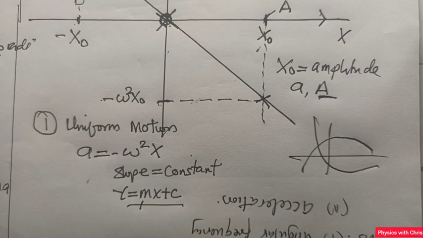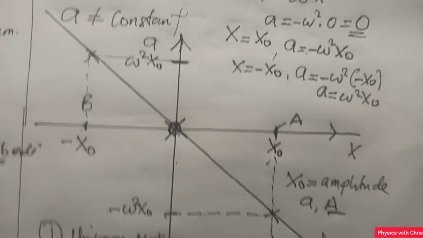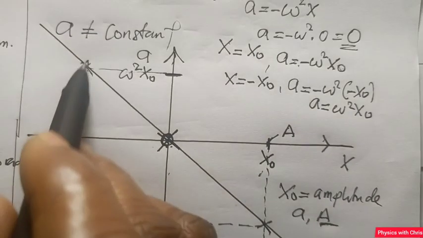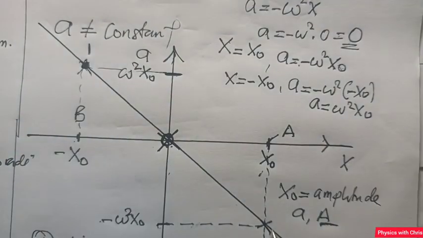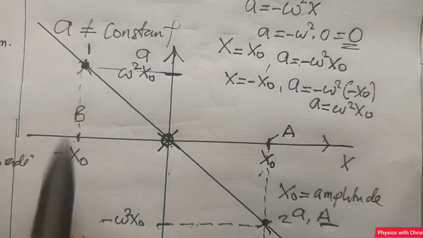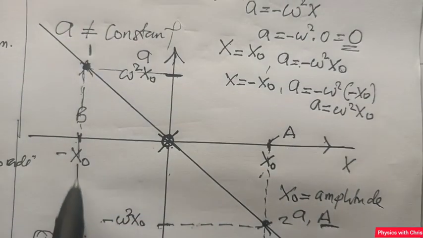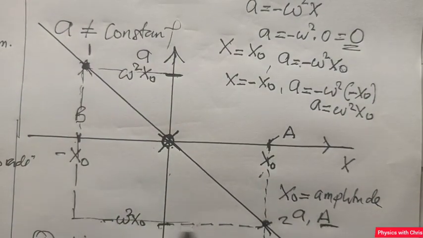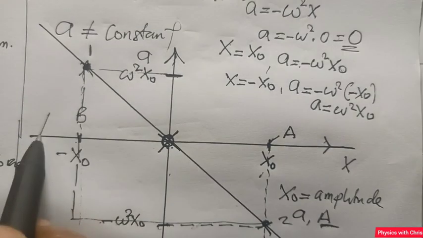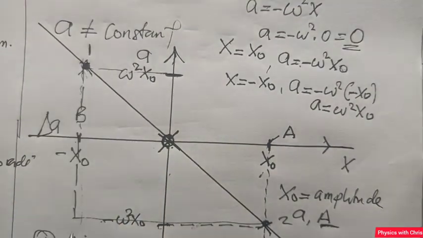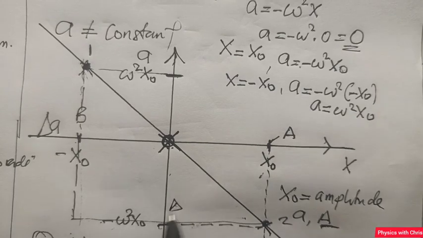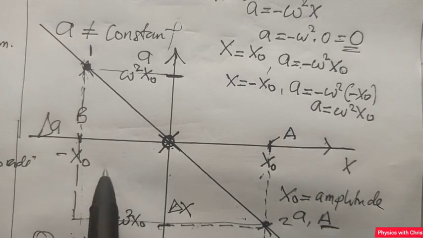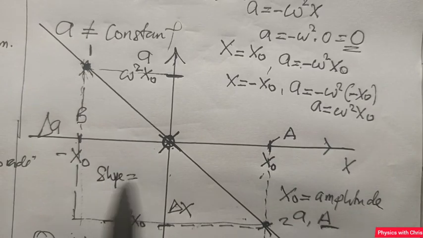It's a numerical constant. So if I find the slope, maybe taking 2 points on this graph, let me call this point 1 and this other point point 2, and then I place my slope triangle this way. I draw my slope triangle like this, and then find my change in acceleration, that's along the vertical, and along the horizontal the change in displacement. I'm going to have my slope as equal to change in acceleration.